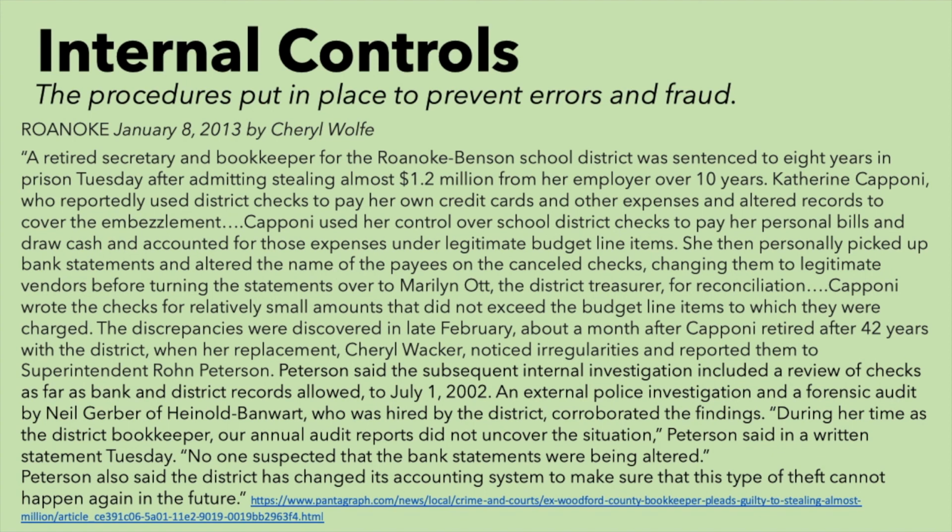Now, why do I pick this particular example? Stealing $1.2 million from a school district is money that could go to books for kids, to meals for kids, to other things for children who are trying to learn. You're stealing from young people.